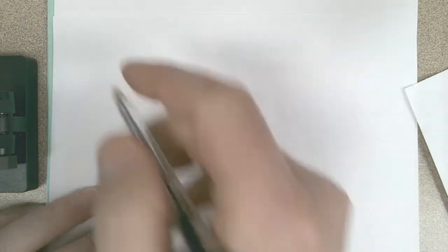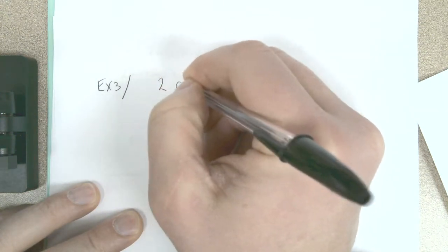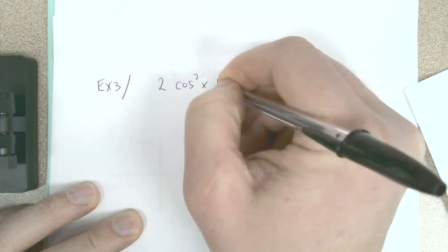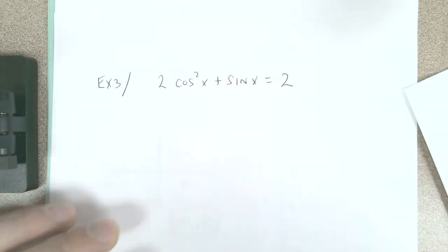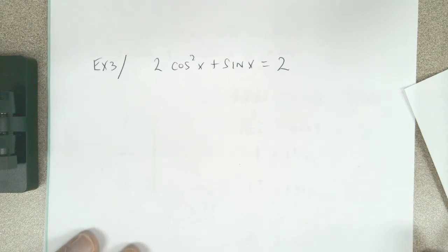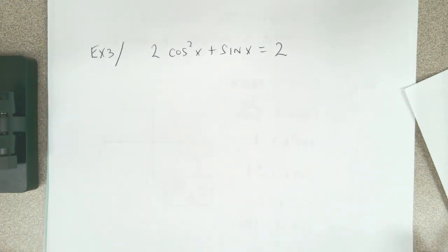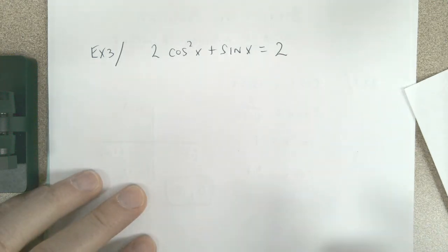Okay, our last example we're going to do here, call this example 3. We've got 2 cosine squared x plus sine x equals 2. So this is one where you're actually going to use one of your Pythagorean identities. I'm going to change the cosine squared to a sine squared.